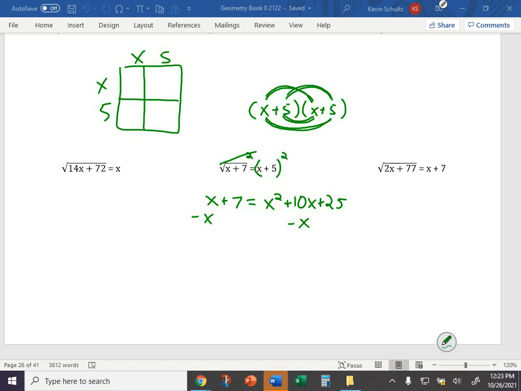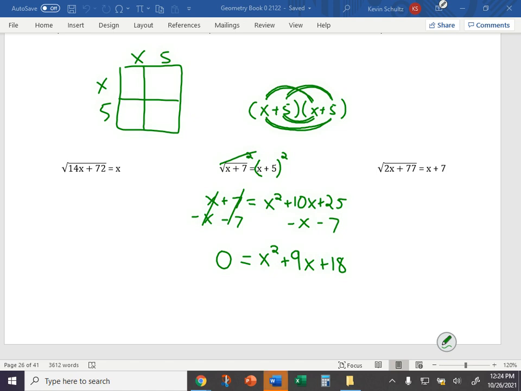And we have to move our 7 over by subtracting it, using opposite operations here. So on the left side, we now have 0 because both those things cancel out. And on the right side, we've got x squared. 10x minus x is positive 9x. And 25 minus 7 is positive 18.